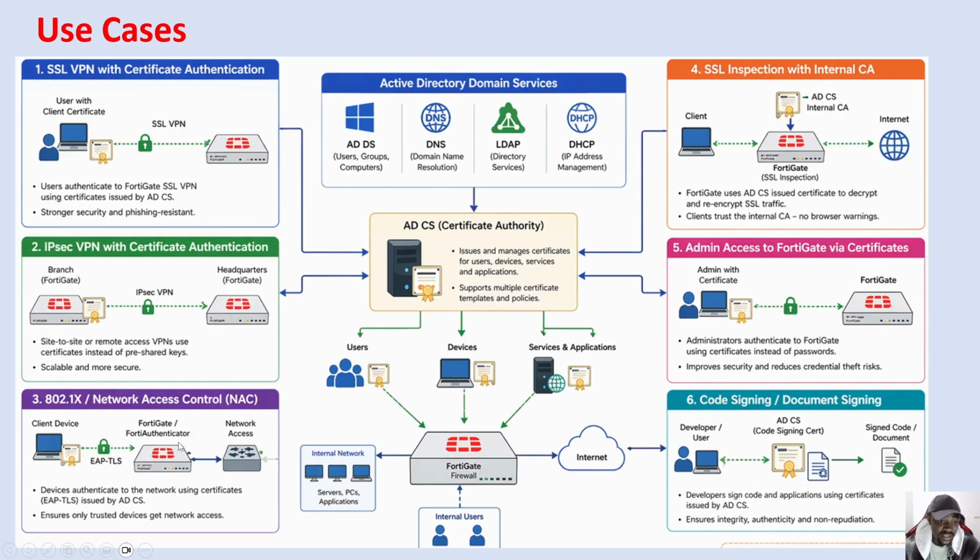The third use case here is network access control. For example, let's say your end users need to access a network resource and you want to control their access to that network resource, you can go through the FortiAuthenticator.